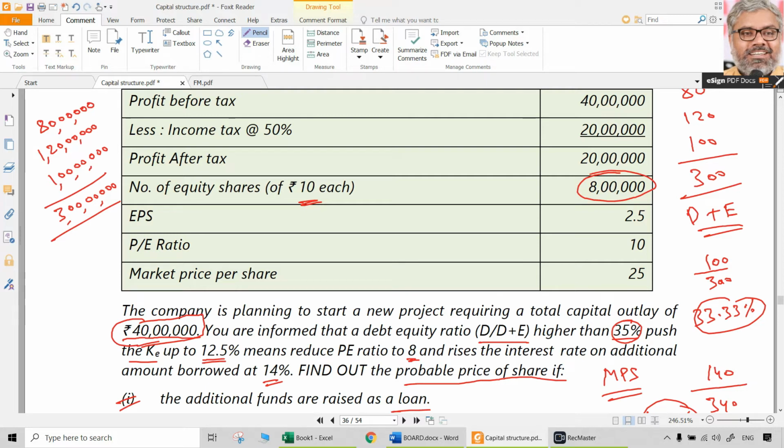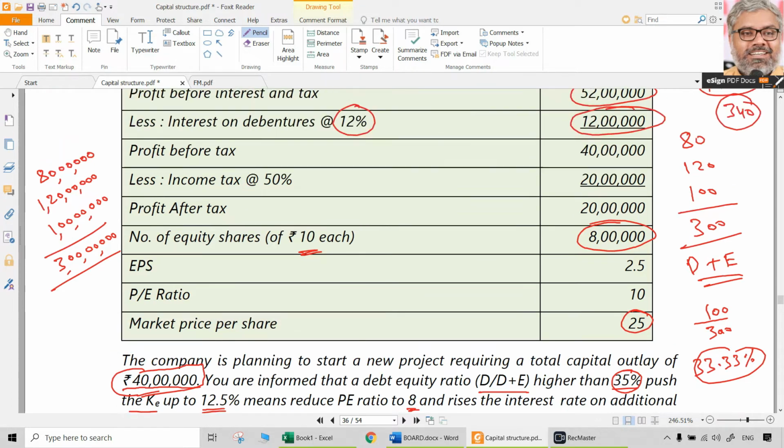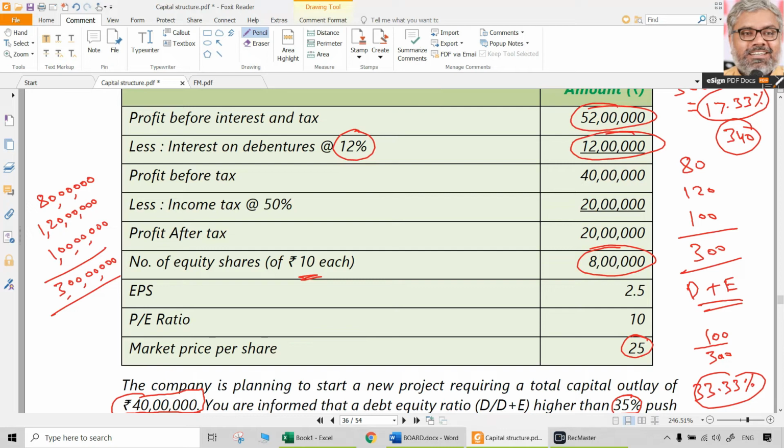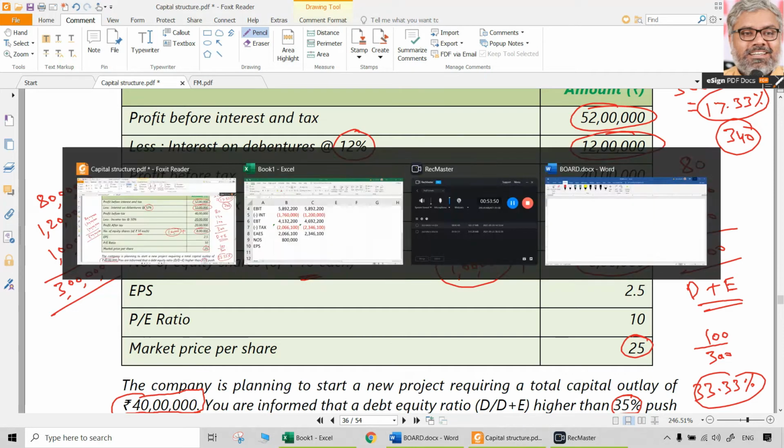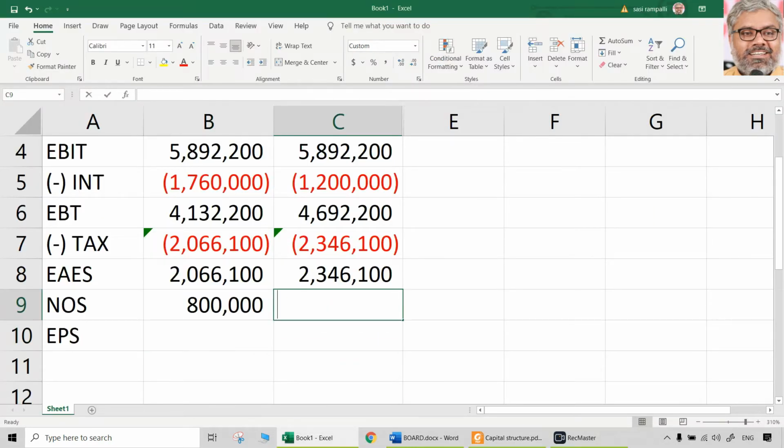And what is the market price per share currently, at which rate you have to issue them? Naturally 25 rupees. So how many new equity shares are supposed to be issued? 40 lakhs divided by 25. 1,60,000 equity shares are supposed to be freshly issued. Already there are 8 lakhs plus 1,60,000 new shares, means 9,60,000 shares.